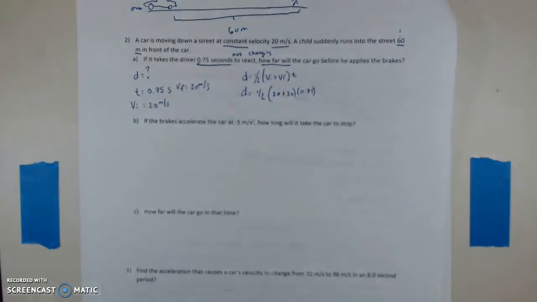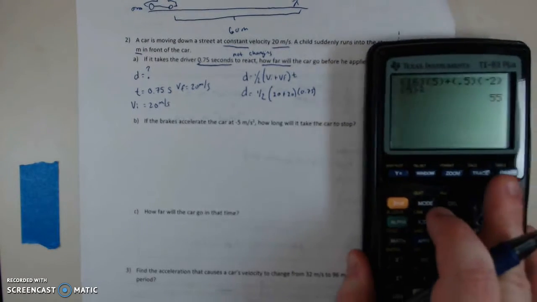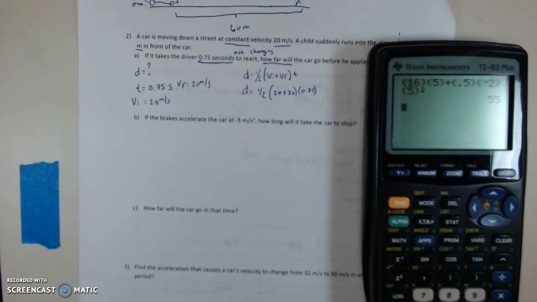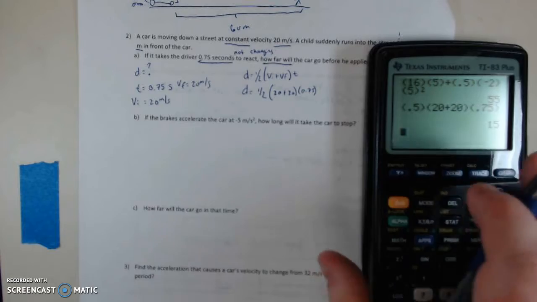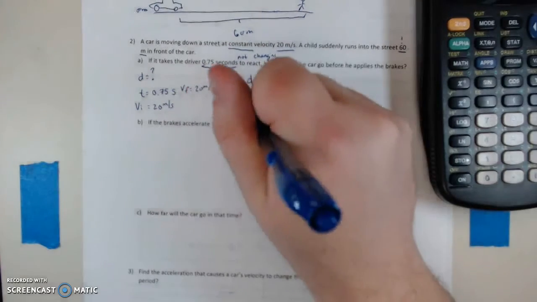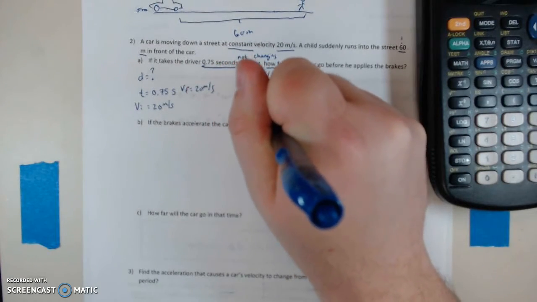And once again, this is solved for us already. So once we have our equation, we can just plug this into a calculator again, and we will get an answer. So putting it exactly as I have it written gets us this answer. So D equals 15 meters.